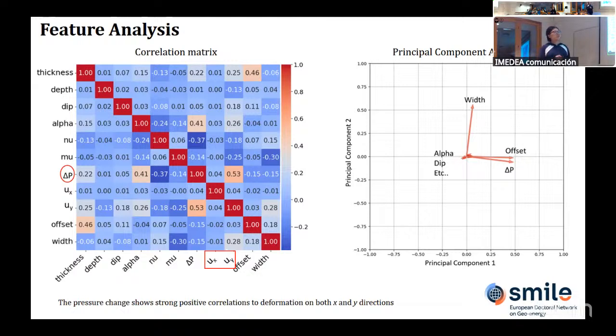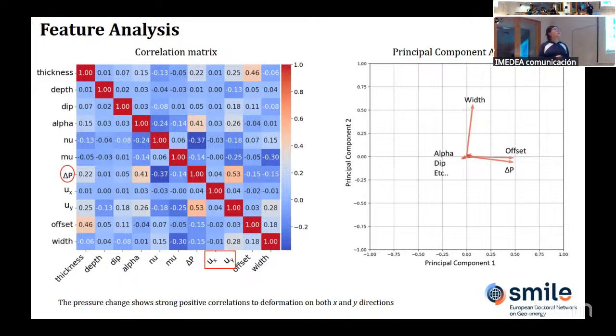And this right chart is the result from principal component analysis. This is a typical tool we use to reduce the dimensionality, especially when we want to make our computation more efficient. In this chart, we can see that offset and pressure change contribute very similarly to PC1, the first principal component.